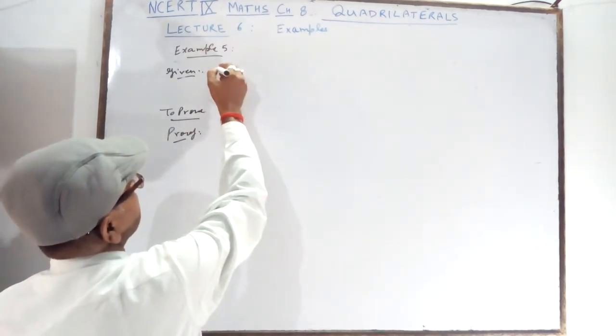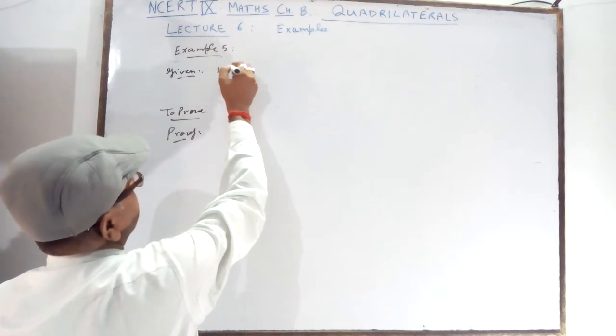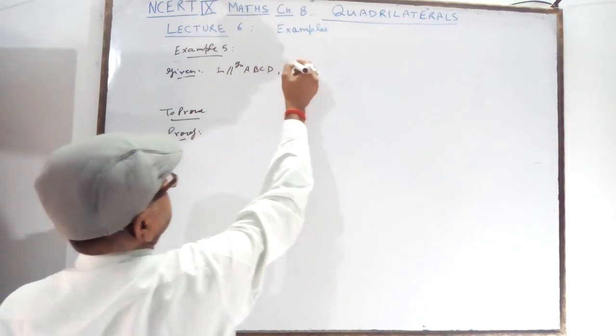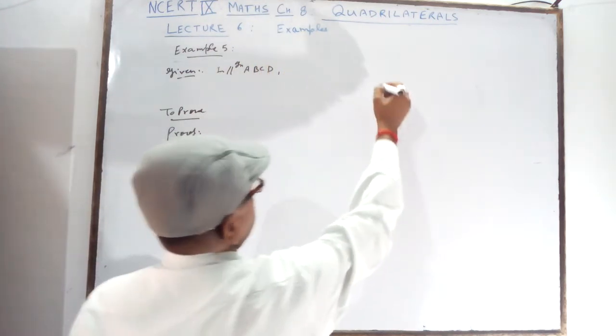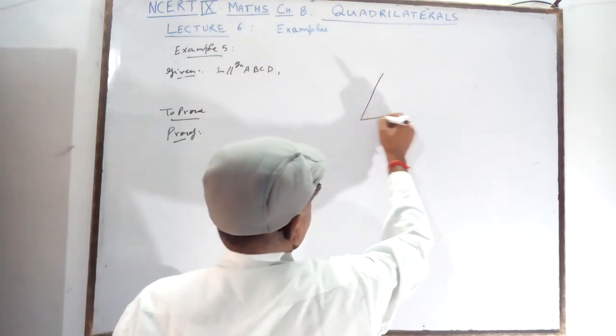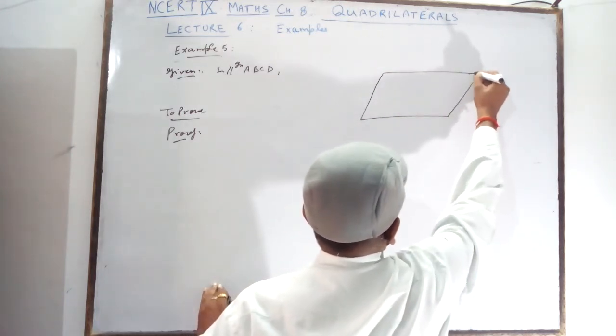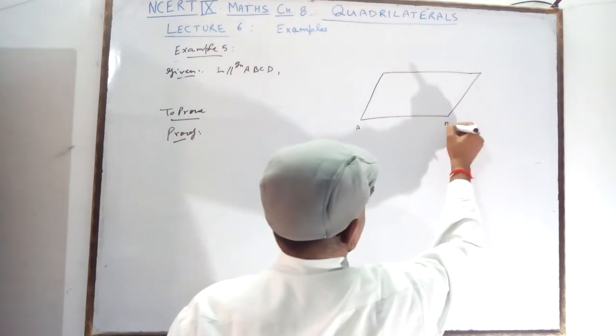First of all, you write: in parallelogram ABCD, you will draw a figure. It is a very simple question.